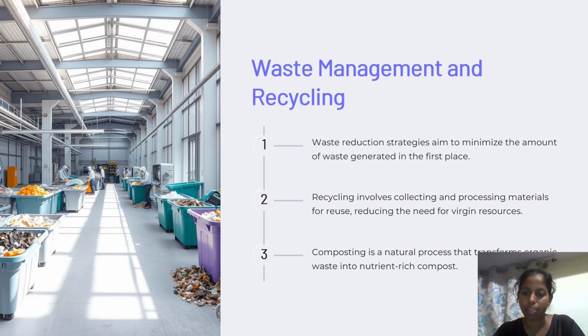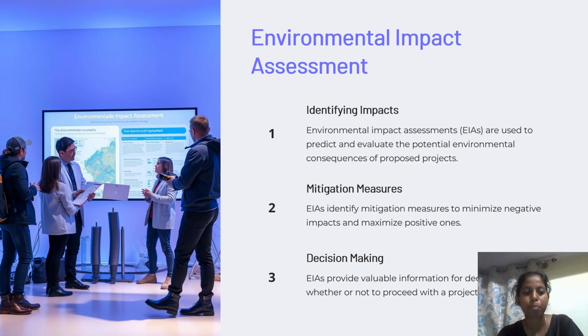Composting is a natural process that transforms organic waste into nutrient-rich compost. By taking organic waste and converting it into nutrient-rich compost, which is used for agricultural purposes, this should be taken into account in waste management.